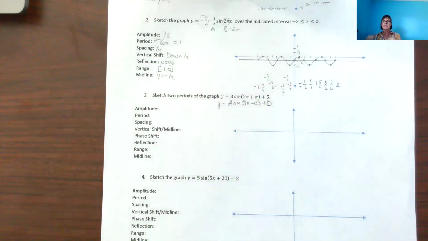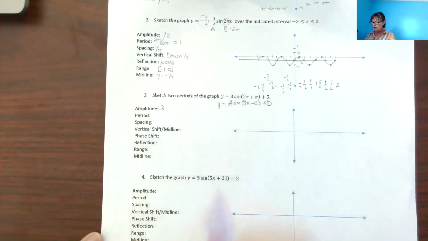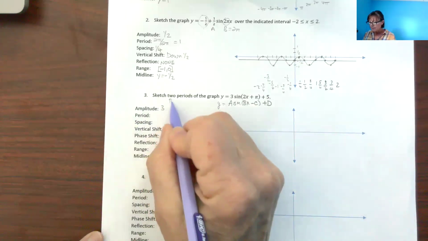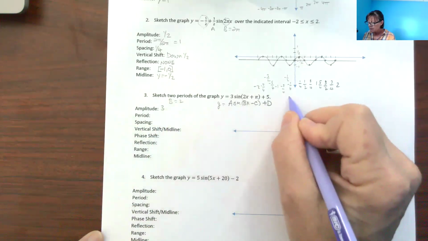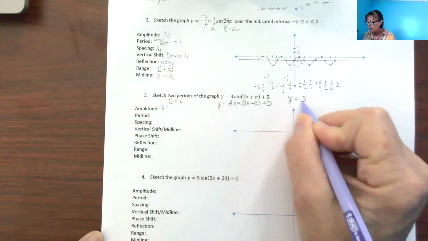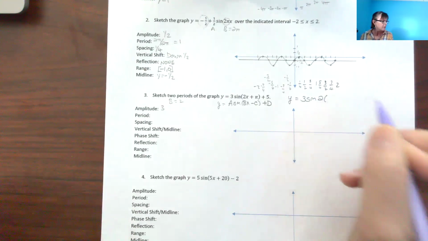It's got all of this stuff going on. All right, the value of a is 3, the amplitude is 3. The value of b is 2, right? Let me factor out that 2 and see what that looks like. So y equals 3 sine, factor out the 2. Uh-oh, hang on.